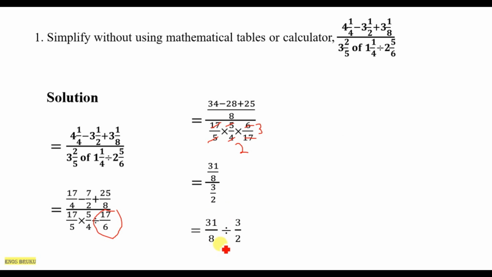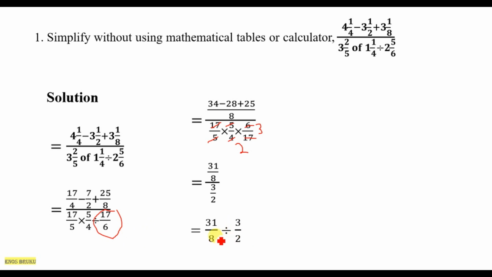So what can we do? This is what it means. We said that whenever we are dealing with division, to be able to simplify, we need to change the division operation to multiplication so that we can cancel. When you change this operation sign to multiplication, immediately you have to reciprocate the fraction to your right, just like we did to this guy.